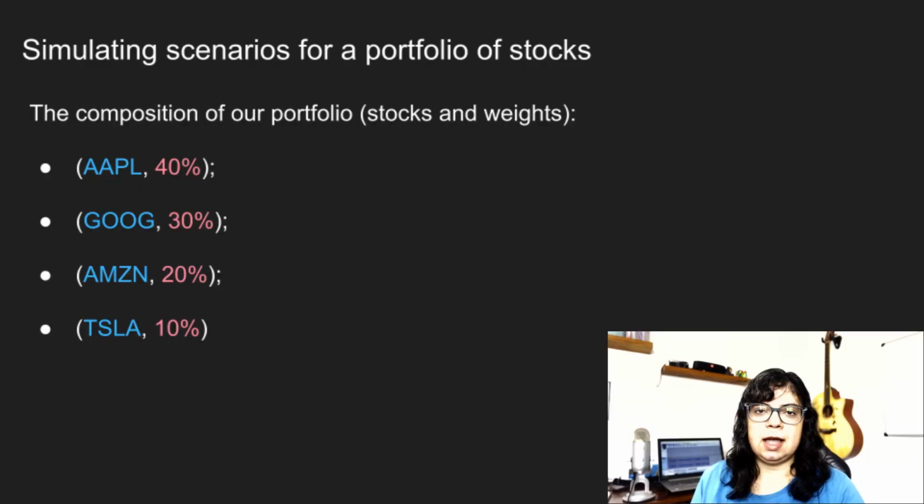So first of all, we are going to define a portfolio of stocks. Our portfolio will be composed of Apple with the weight of 40%, Google with the weight of 30%, Amazon with the weight of 20%, and Tesla with the weight of 10%.